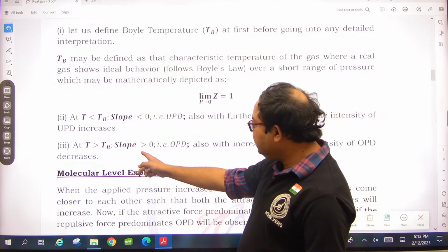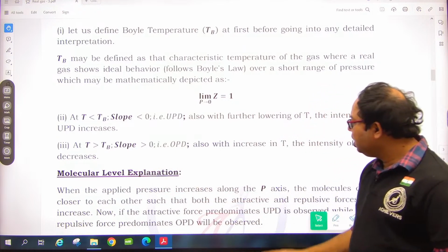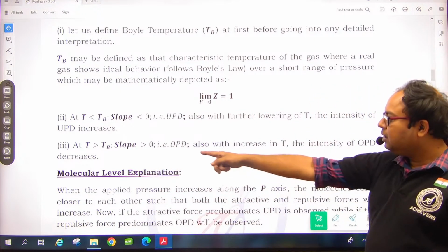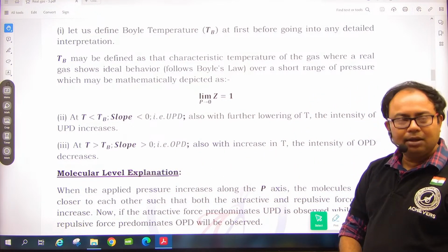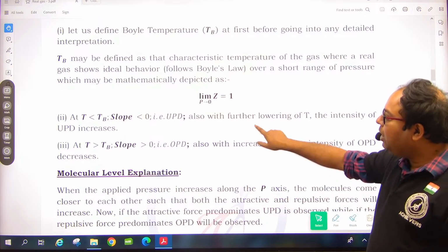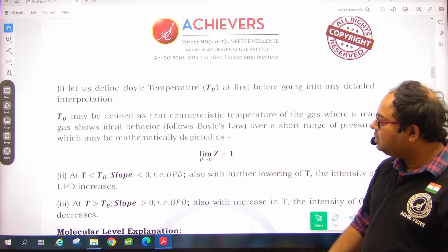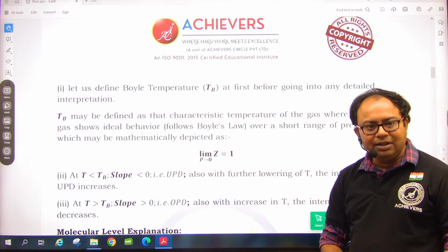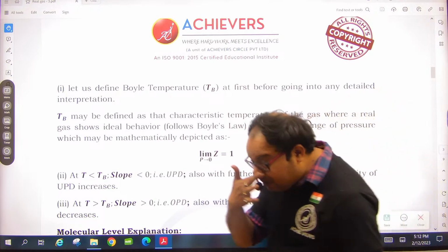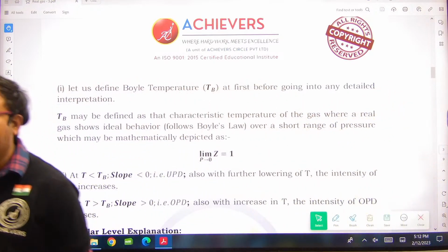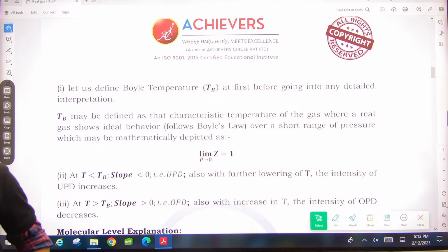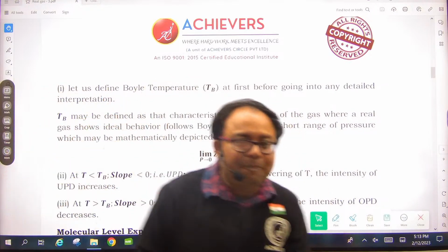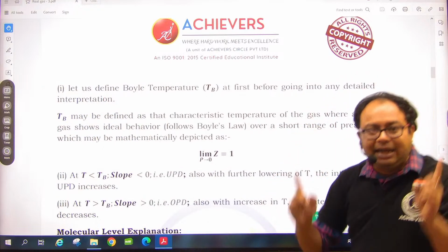At T greater than TB, you have got OPD. With increase in temperature, the extent of OPD decreases. And at T equal to TB, what happens? You don't get any deviation. That means TB is basically the characteristic property of that particular gas.